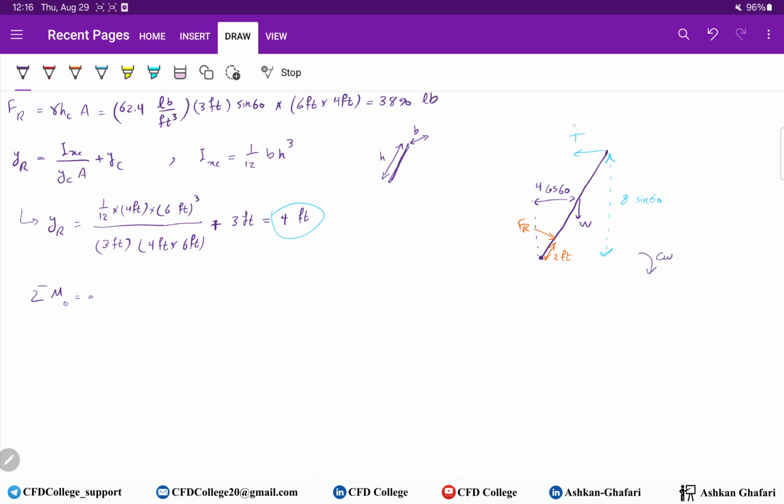The moment of T is counterclockwise. So T times 8 feet times sine of theta, which is 60, equals W times 4 feet times cosine of 60 plus FR times 2 feet.